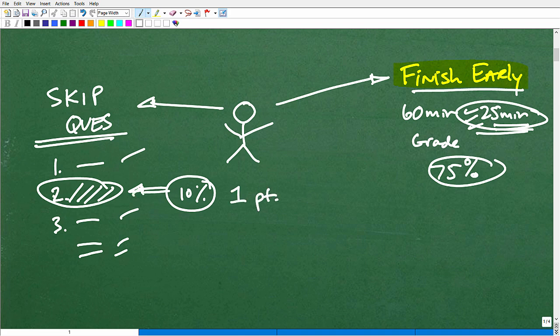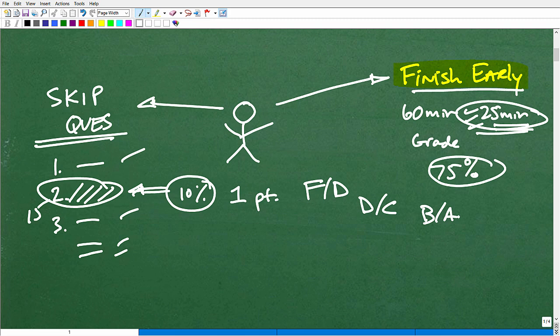Let's say this was a 15 point question. Let's say I give you 1 point. This is often the difference between an F or a D, or a D or a C, or a B or an A. I'm telling you right now, just believe me when I tell you, you just don't skip questions.